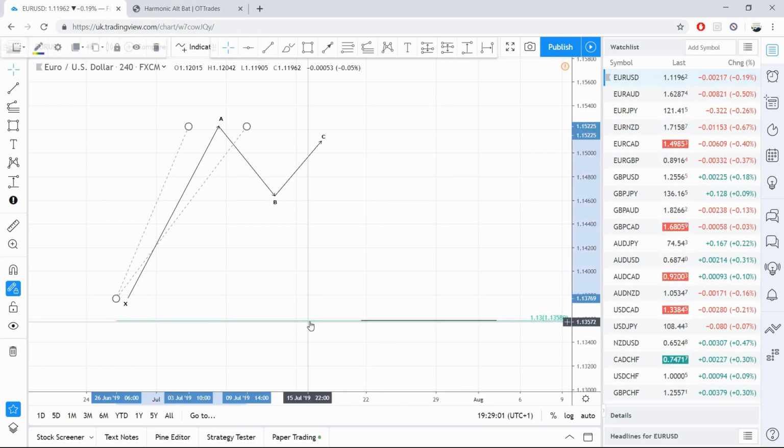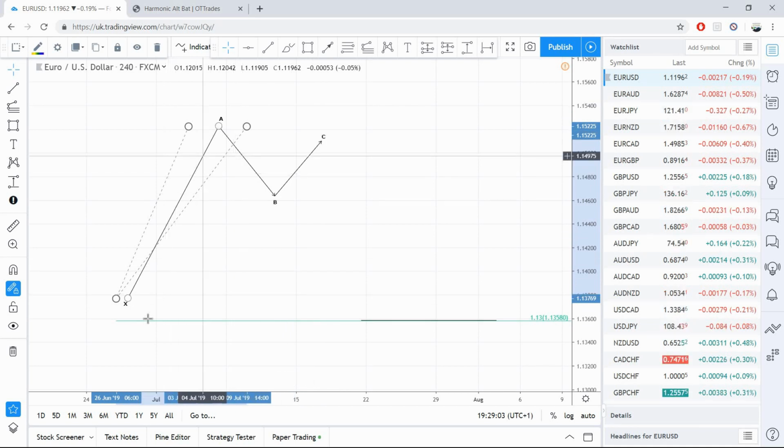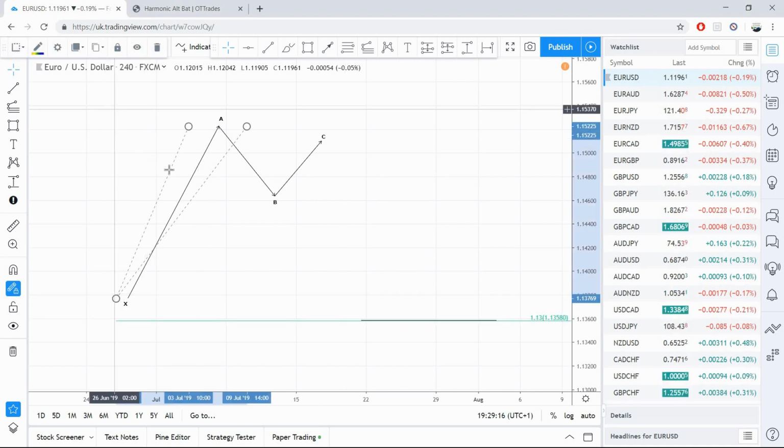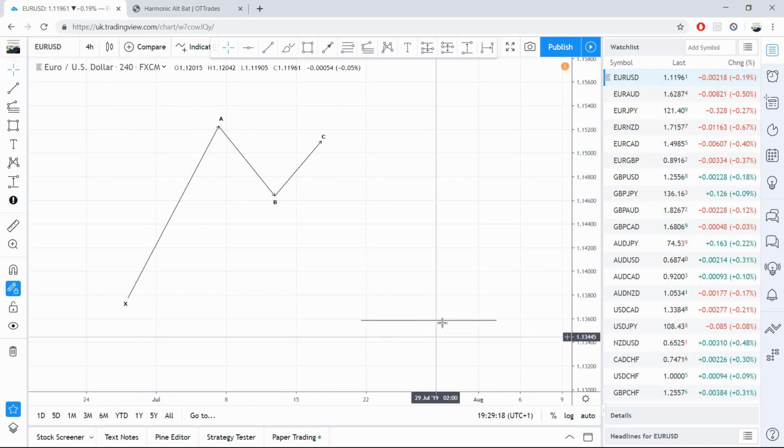There. So that 113 of the X to A leg, or 113 extension, all that means is 113% move of that X to A leg. Hope that makes sense. So that's our first part of our potential reversal zone, this line here.